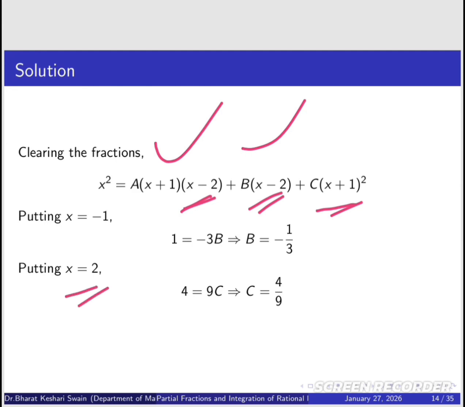In the left hand side it will be 2 square, that means 4, and in the right hand side it will be (2 plus 1) whole square, that means 3 square, so 9c. So the value of c will be 4 by 9. It's very easy.